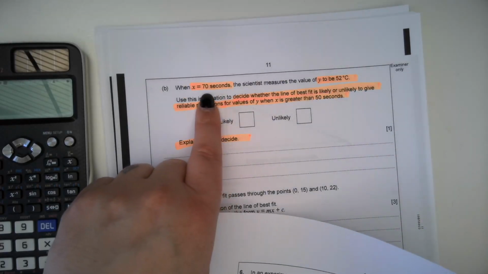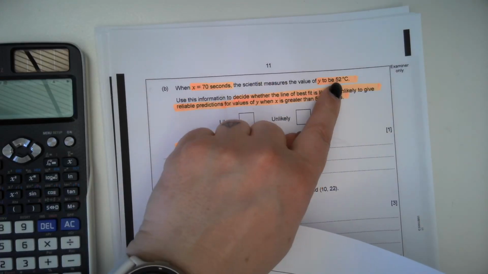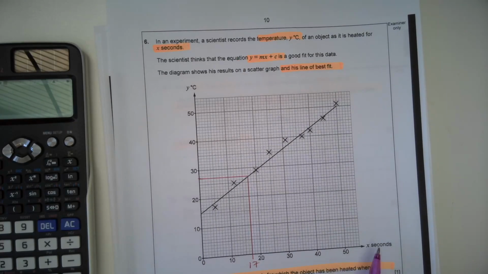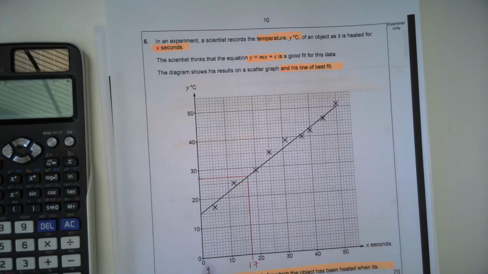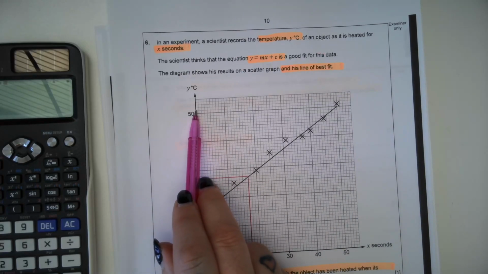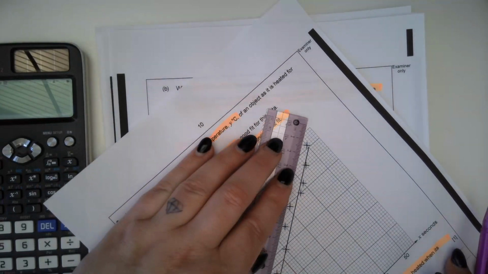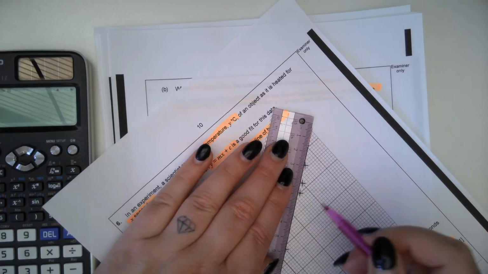So they've in real time measured that after 70 seconds the temperature was 52 degrees Celsius. Well, our graph doesn't go up to 70 seconds, so we can't read what it would be, but we could go up to 52 degrees Celsius. So what we're going to do is extend this line of best fit as best as we can.